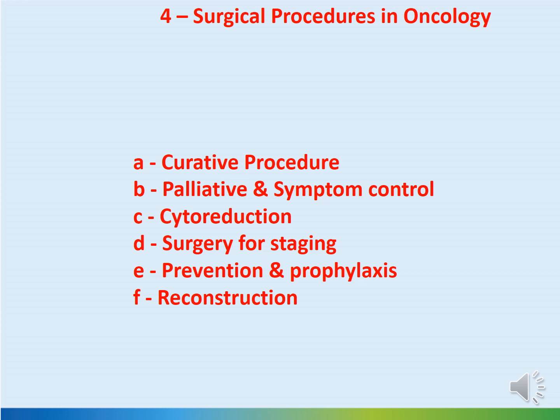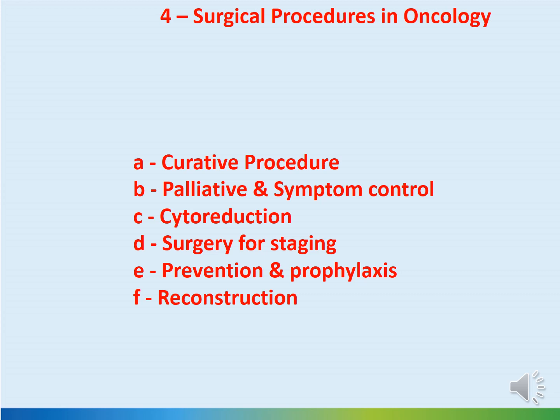Now we will go to the surgical procedures in the oncology of surgery itself, the types of surgery we do to treat the cancer. Actually, we have 6 types of surgery we do for cancer. We can do the surgery as a curative, definitive procedure.